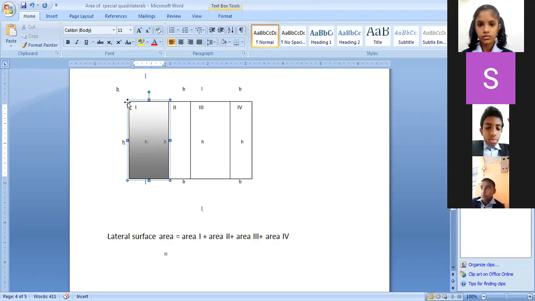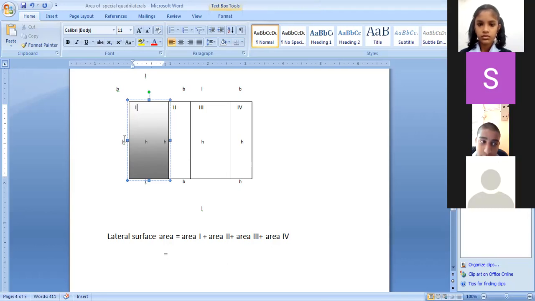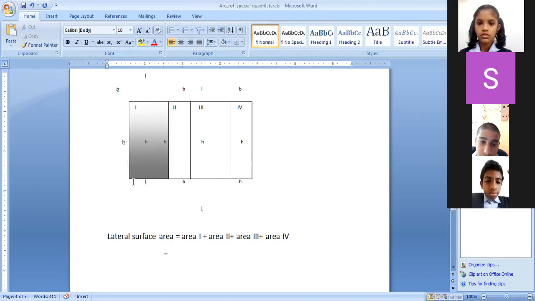There is a variable which denotes the length of the rectangle. What is that? H. Then tell me what is the breadth of this rectangle? L. Then what is the area of that rectangle? H into L. Yeah, good.